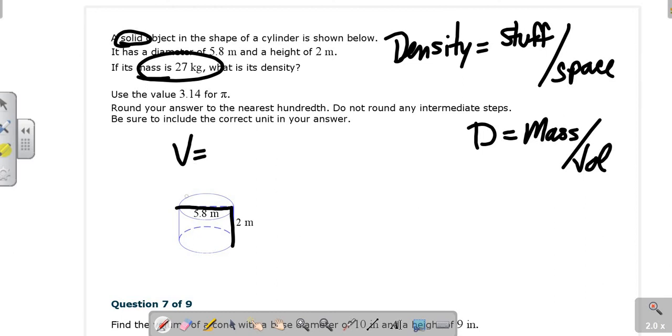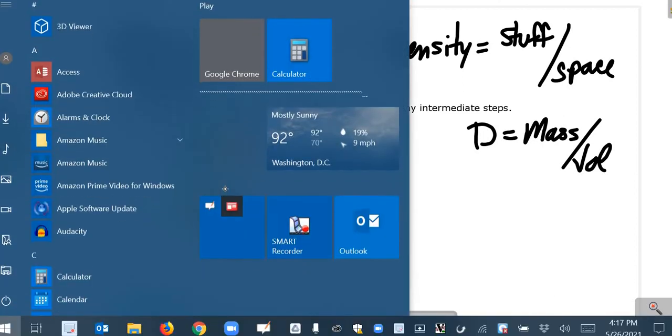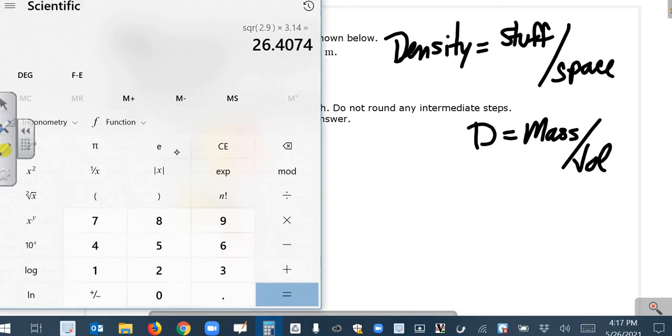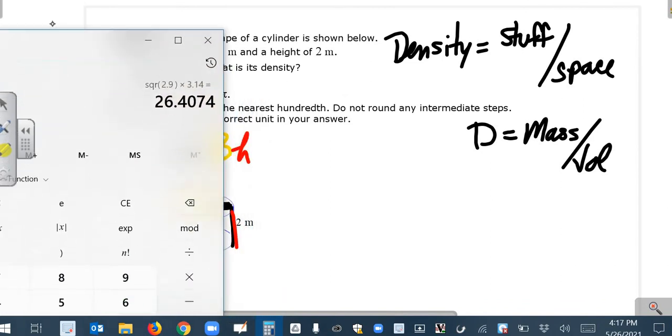Volume equals our base times our height. Our base here is going to be 5.8 divided by 2. That's your radius. We're going to square it. Pi r squared, and then we're going to times by 3.14. And I get 26.4074 as our base.